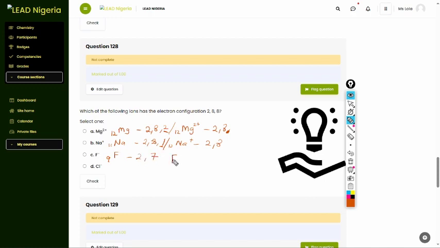For fluorine to form an ion, it gains 1 electron. When it gains 1 electron, this increases to 8, so we have 2,8. Now chlorine is 17, so usually it's 2,8,7. But when it forms an ion, it gains 1 electron, and this goes from 7 to 8, so you have 2,8,8. The final answer is chlorine, D.